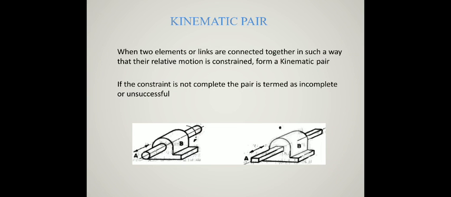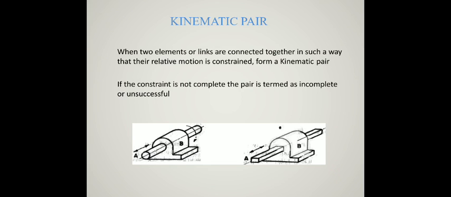Now, kinematic pair. What is a kinematic pair? When two elements or links, or we can say two kinematic links, are connected together in such a way that their relative motion is constrained. Suppose two kinematic links are connected with each other. Listen carefully, I prefix kinematic before link.